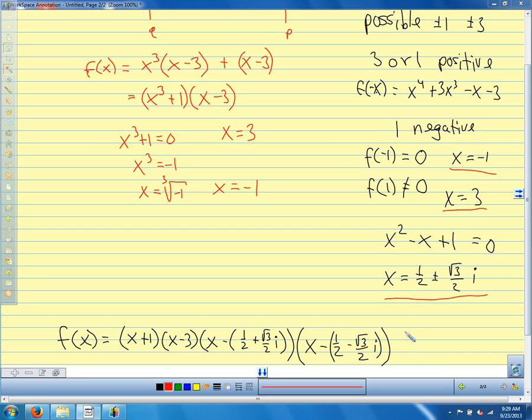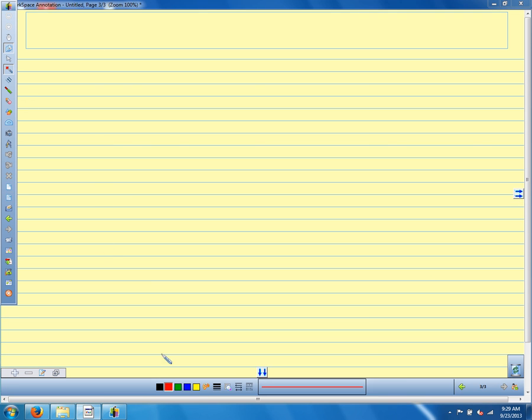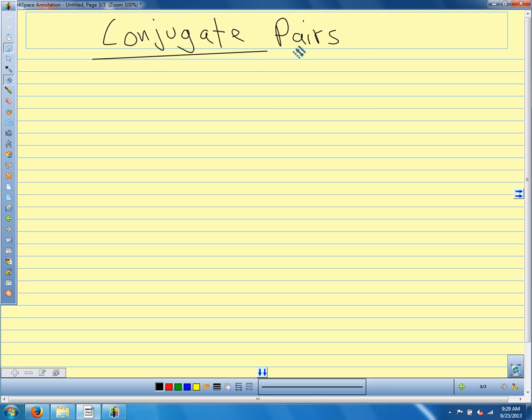All right. A couple of other interesting things that come out of the fundamental theorem of algebra. Conjugate pairs. Now let's look back at our solution.